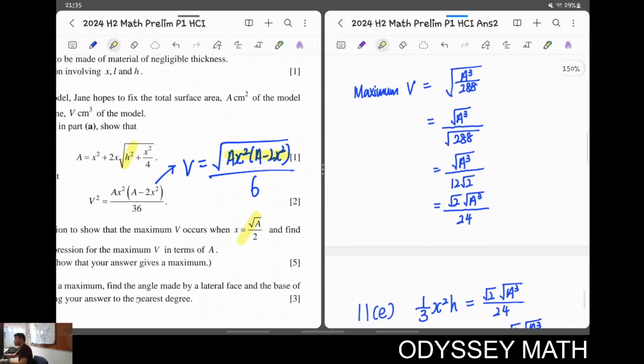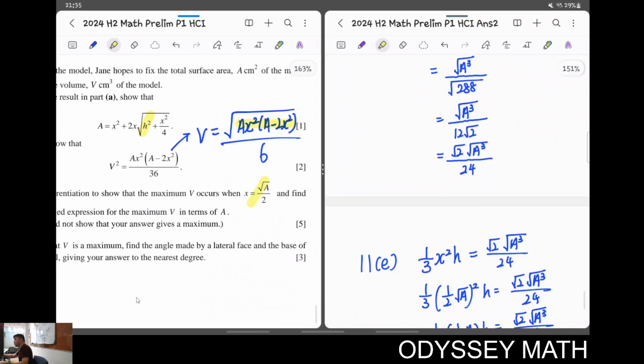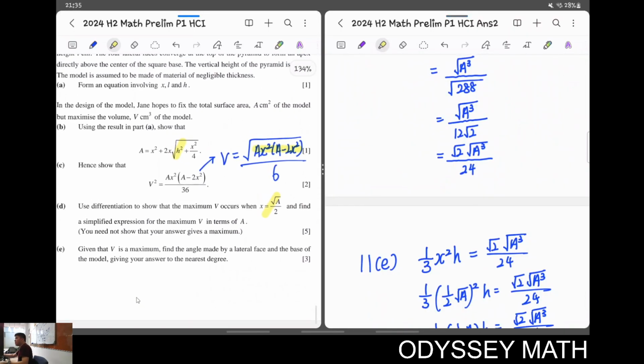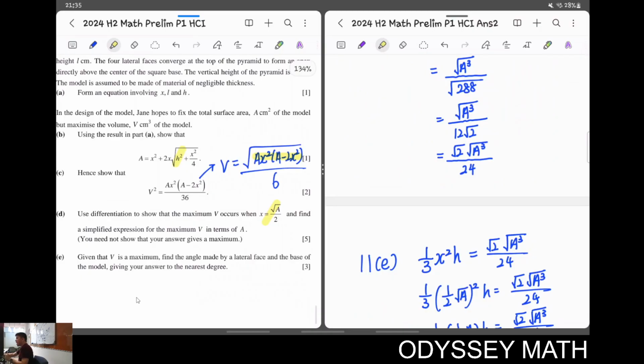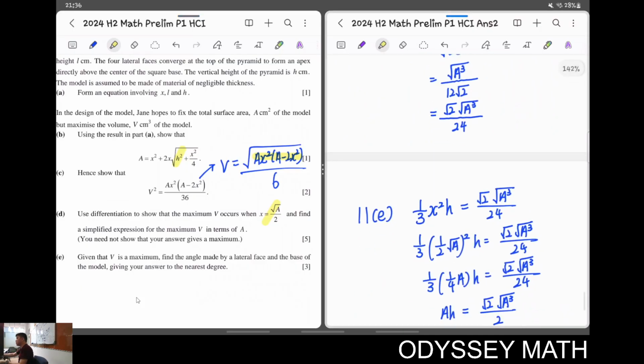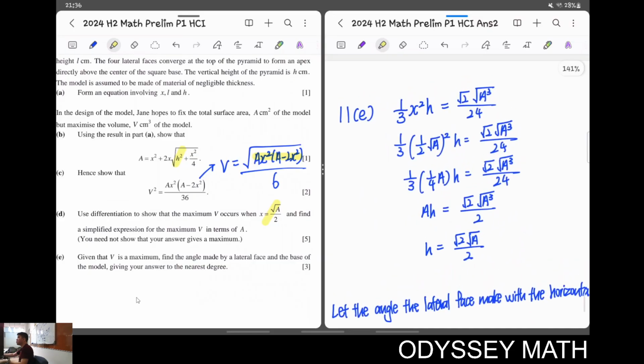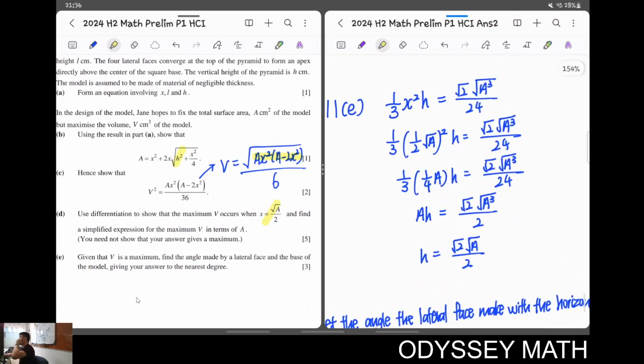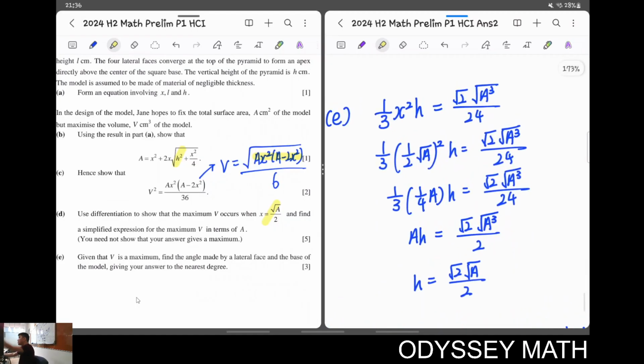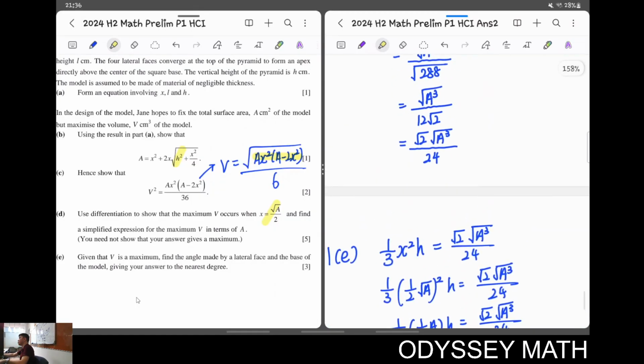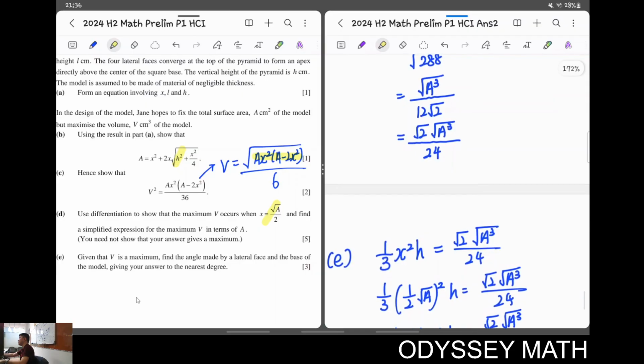Understand? Okay, part E, last question for this paper. Given that V is a maximum, find the angle made by a lateral face at the base of the model, giving your answer to the nearest degree. So they want you to find the angle when the volume is maximum. So 1/3 x squared h is the maximum volume here, square root 2 square root A cubed over 24.